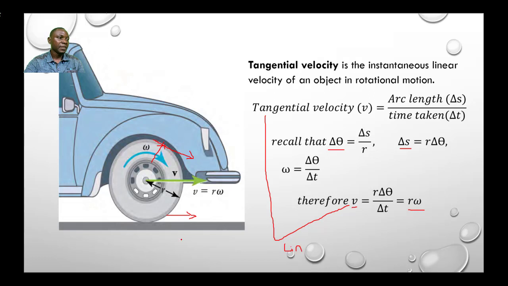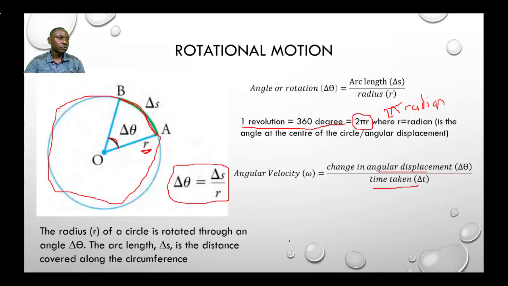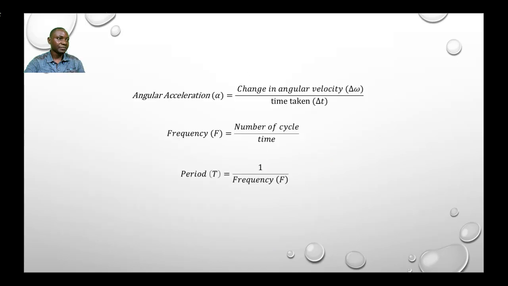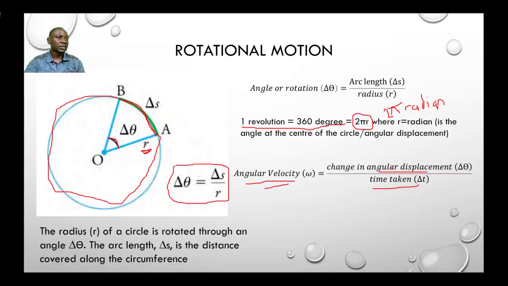Now recall that this W here is angular velocity. To know the angular velocity, we say angular distance over time, right? We say it is angular displacement over time.